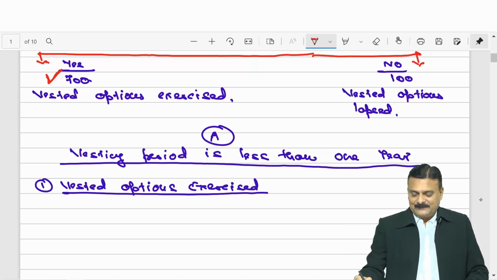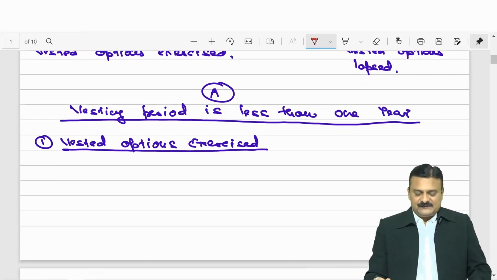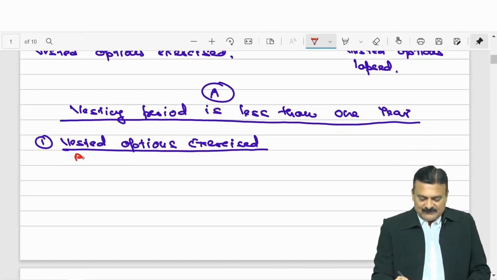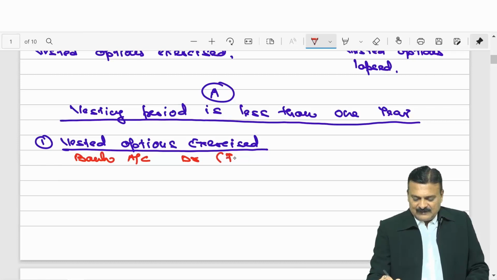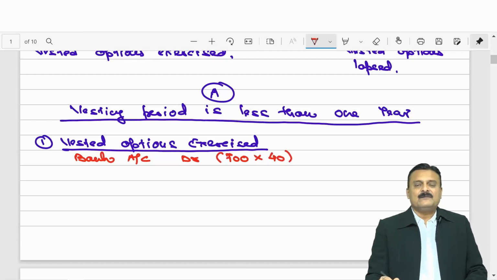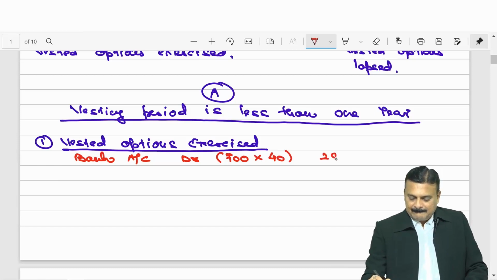Just think of the entry. For your company, money is coming in. So debit what comes in? Bank account, debit. On 700 options, offer price was 40. The company will receive 28,000 rupees.